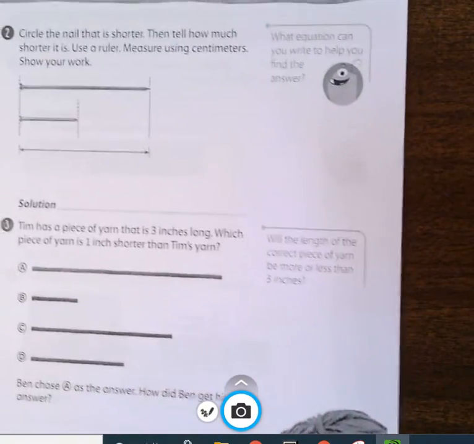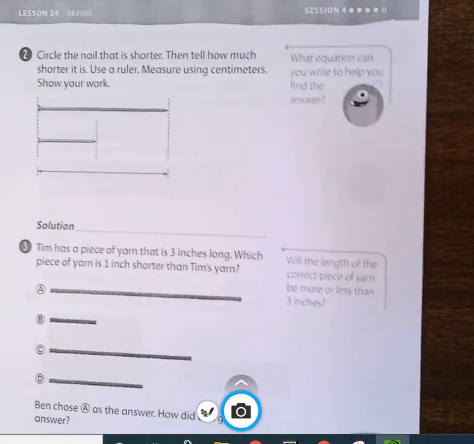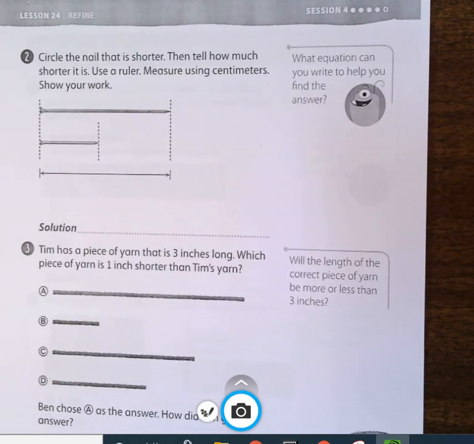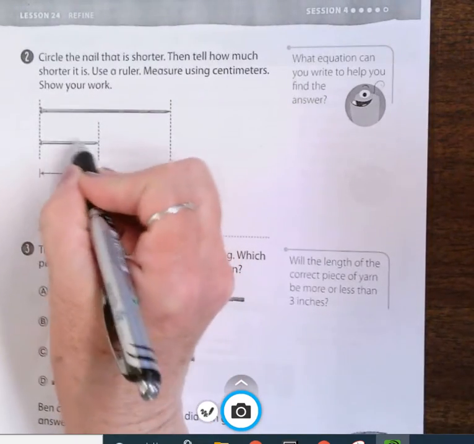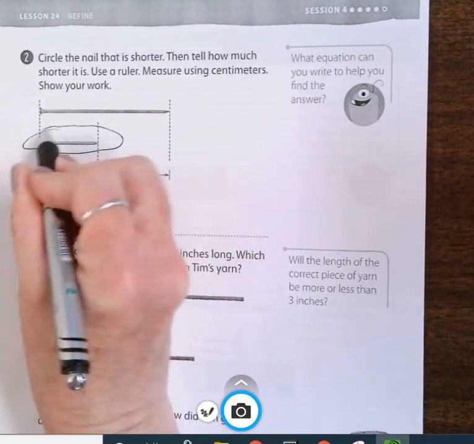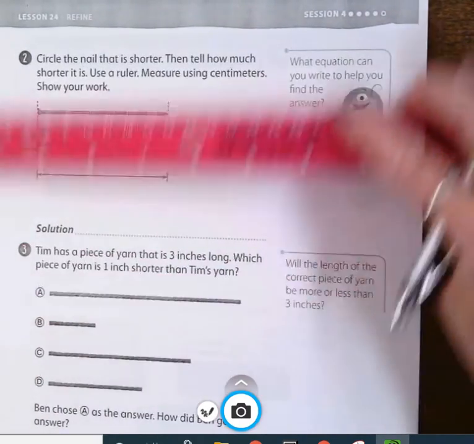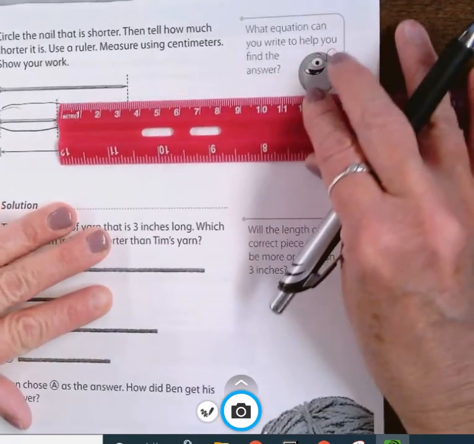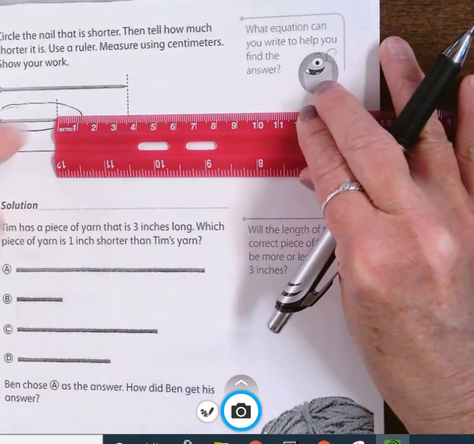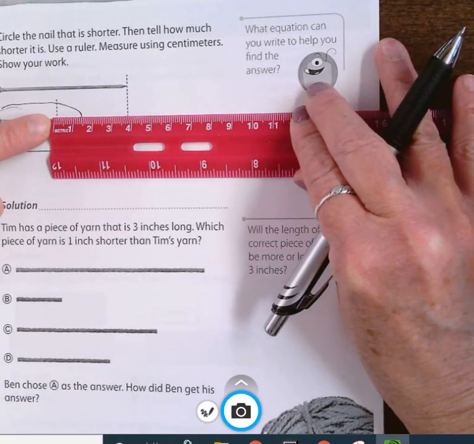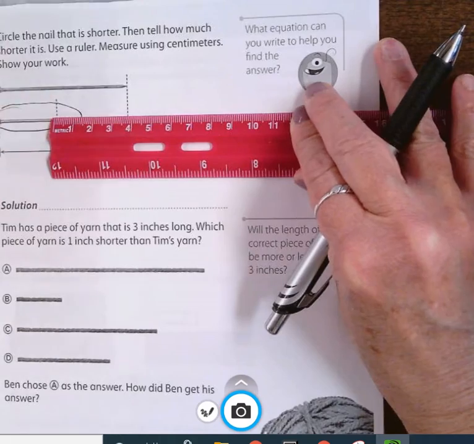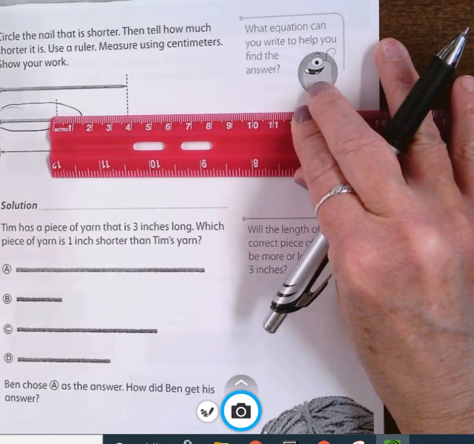Okay, the next page, number 2, it says circle the nail that is shorter, then tell how much shorter it is. Use a ruler, measure using centimeters, show your work. So this is the shorter one. And we know if we do it this way, line it up to the 0, and it will be 4, right?